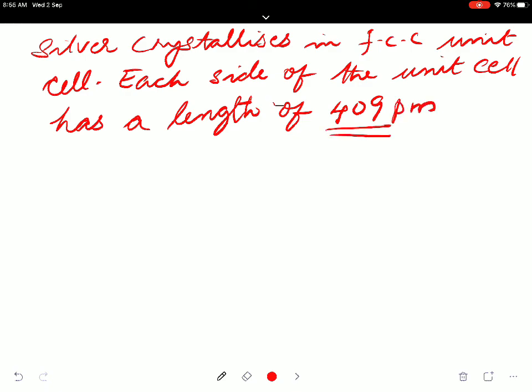This will not change. Why? Because silver has to crystallize in this format only. If you take the unit cell of silver, it will be 409 picometer.